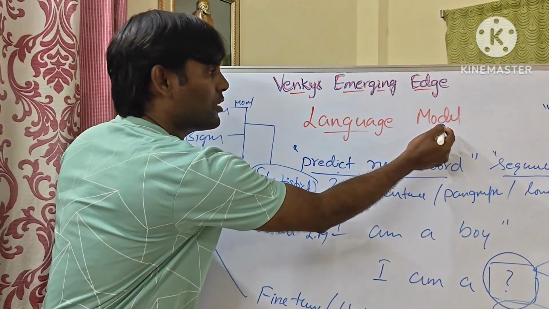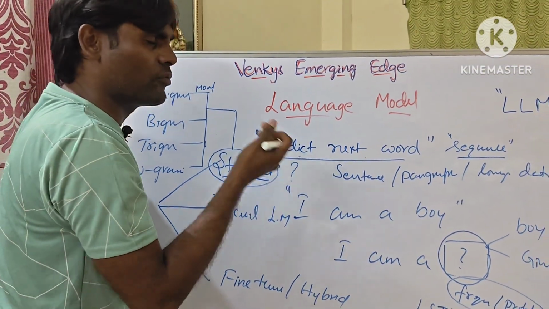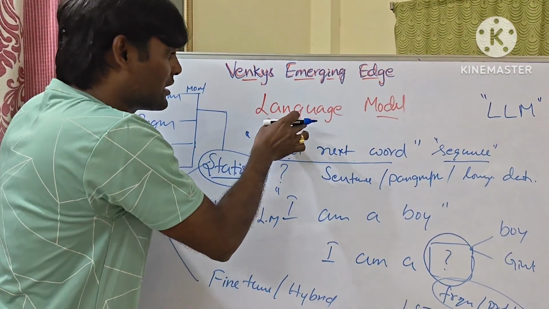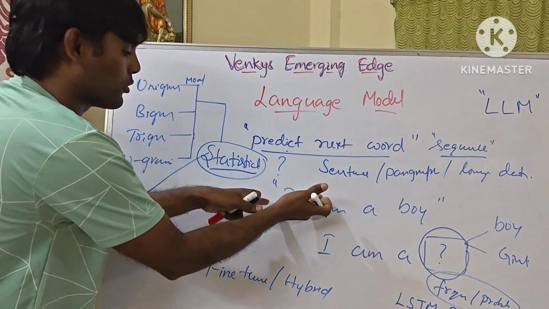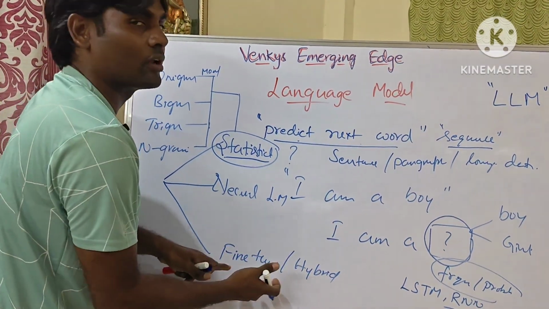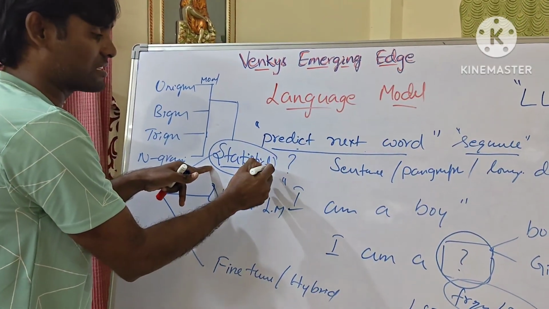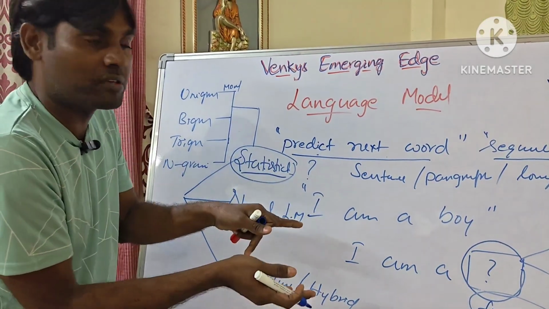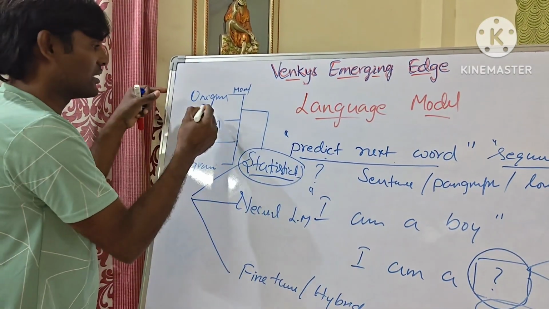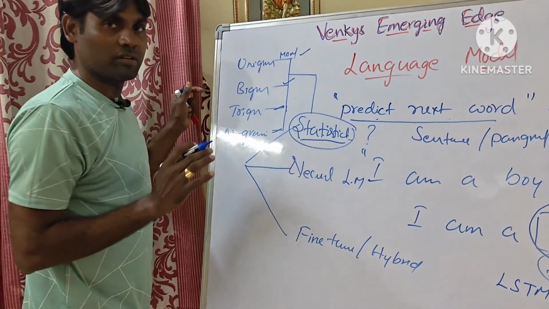Some books say language models follow different approaches, that is, the statistical approach, neural network approach, and fine tuning and hybrid approach. But for statistical models, there are mainly four different types: unigram model, bigram model, trigram model, n-gram model.